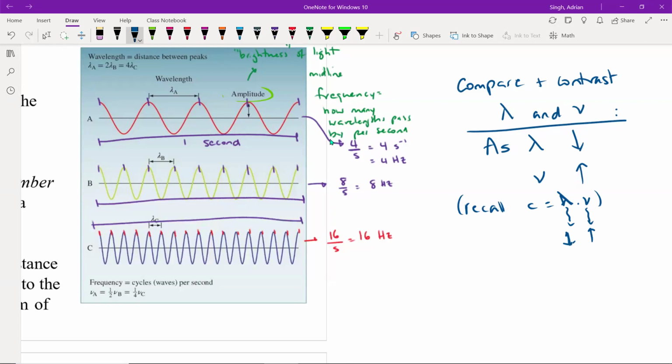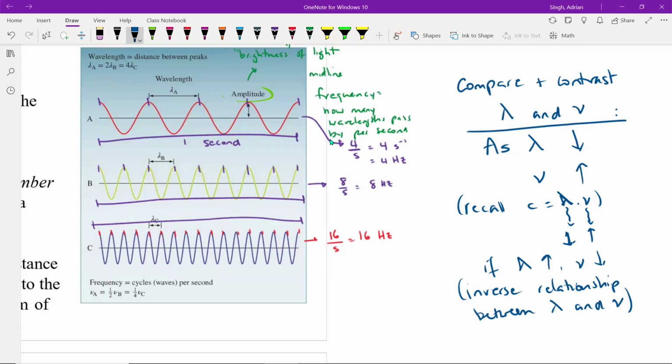And then similarly, we can predict that if the wavelength goes up, well, then the frequency has to go down, right? So this is called an inverse relationship between the wavelength and the frequency.